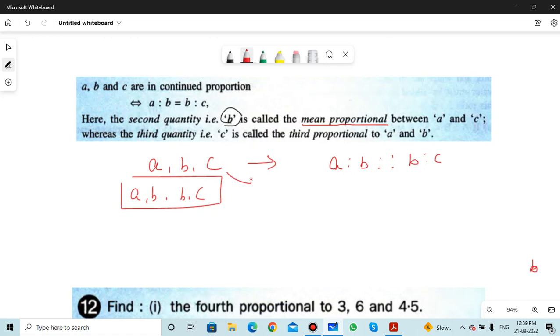C is always called the third proportion, and B is always called the mean proportion.